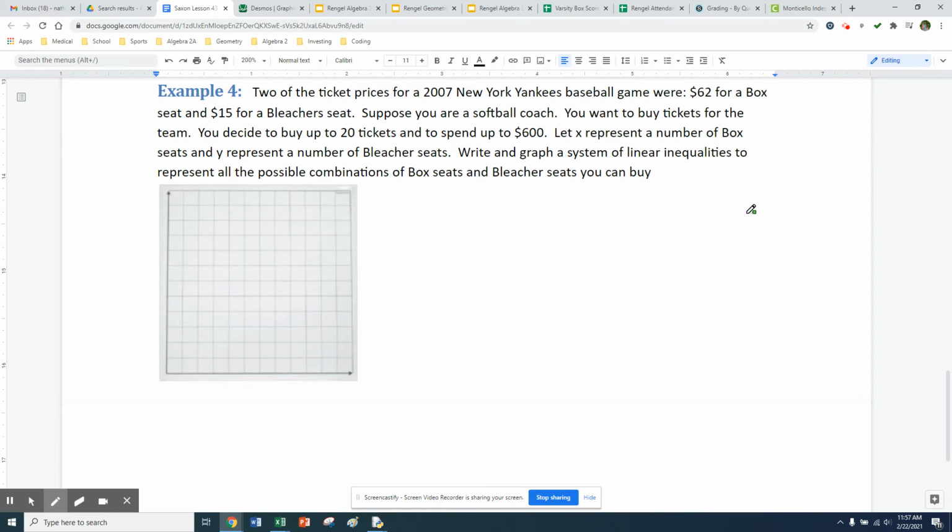And lastly, we have example 4. It says 2 ticket prices for a 2007 New York Yankees baseball game were $62 for a box seat and $15 for a bleacher seat. Suppose you are a softball coach. You want to buy tickets for your team. You decide to buy up to 20 tickets and spend $600. Let X represent the number of box seats. So we'll write that down. X is going to represent the number of box.